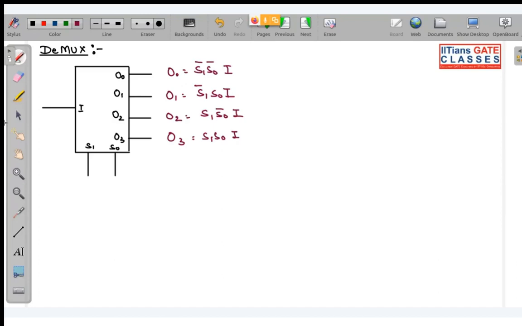Circuit diagram for the demux? It is very simple.